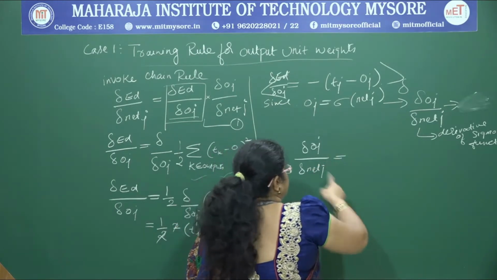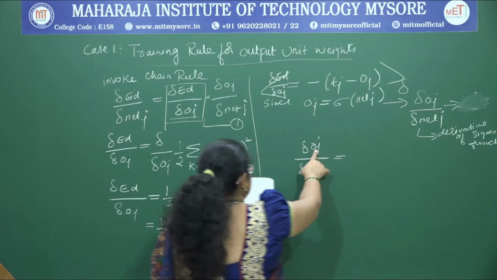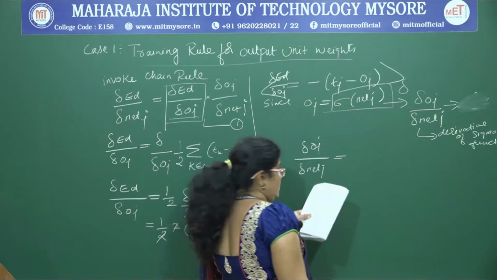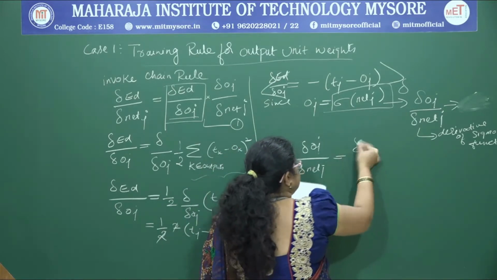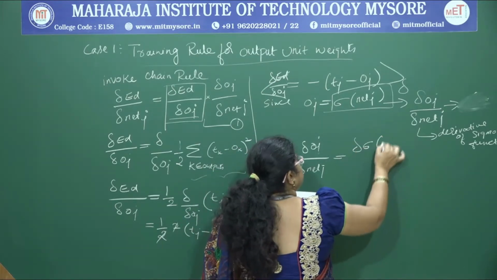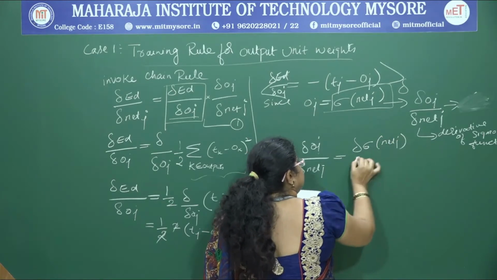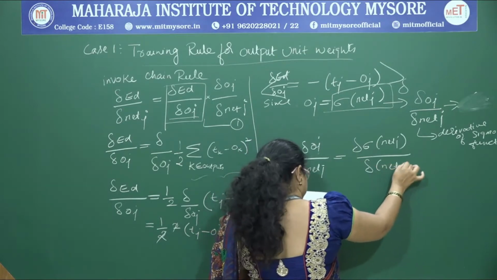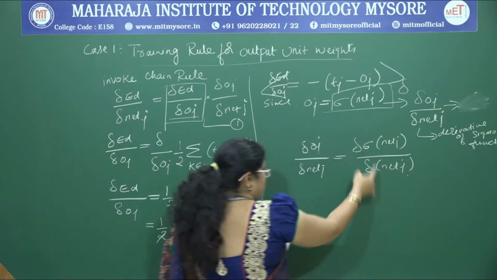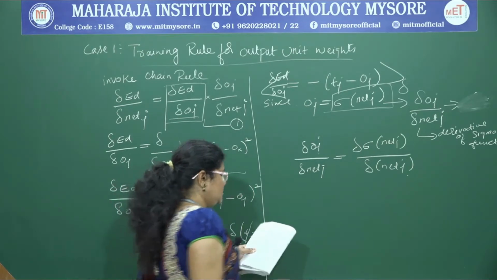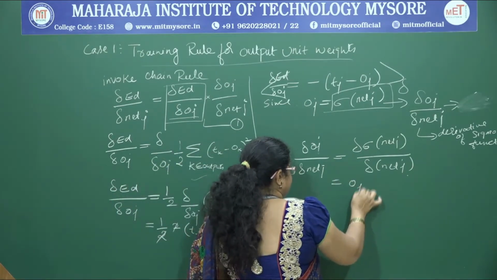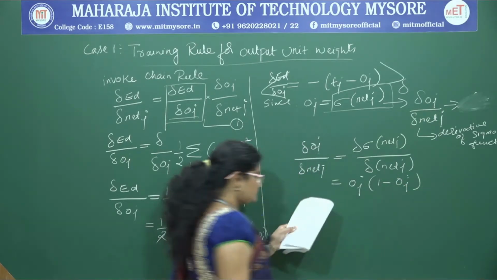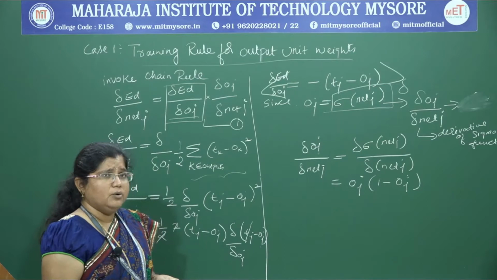Delta of Oj can be treated as sigma of net j, so you can replace it with delta of sigmoid net j divided by delta of net j, where after differentiation we get Oj (1 minus Oj).